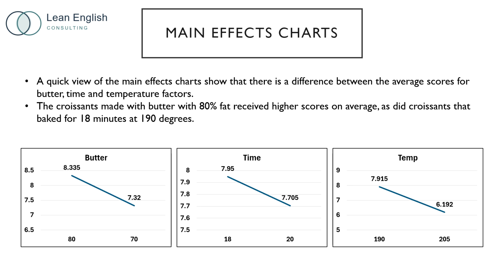A quick view of the main effects charts shows that there is a difference between the average scores for butter, time, and temperature factors. The croissant made with butter with 80% fat received higher scores on average, as did croissant that baked for 18 minutes at 190 degrees.